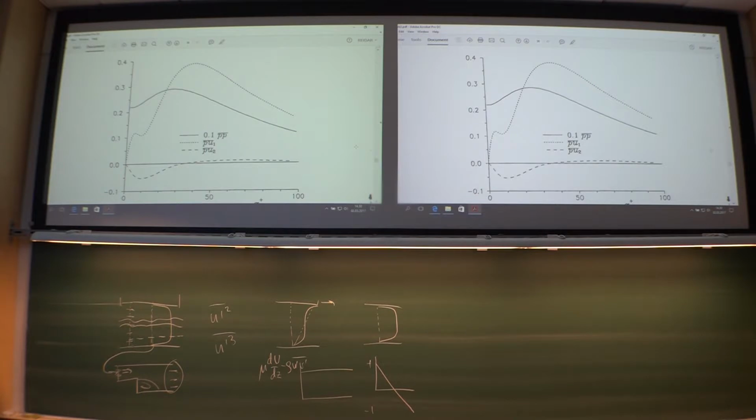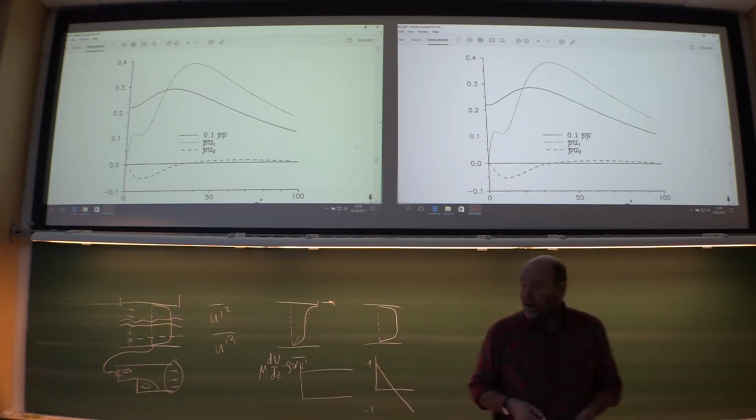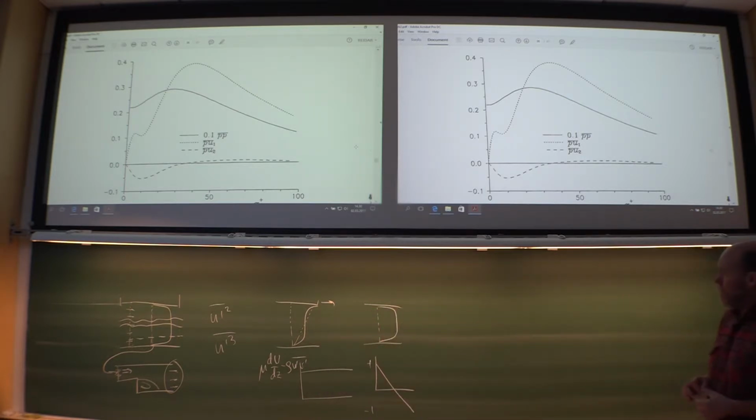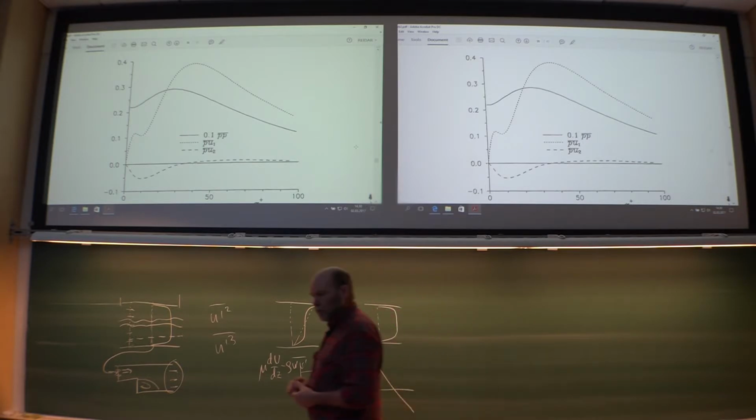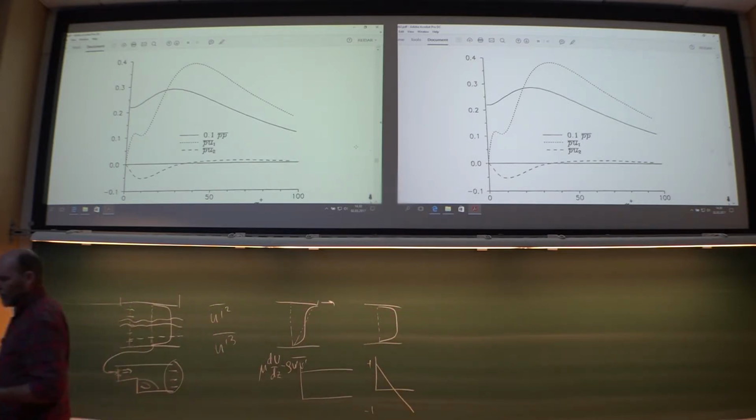And then you come to the nice thing about the DNS. You know everything. Instead of going into the lab, when you want to look at things like pressure and velocity correlations, how these quantities actually look, they are impossible to measure in the lab. You can't measure pressure and velocity at the same point.